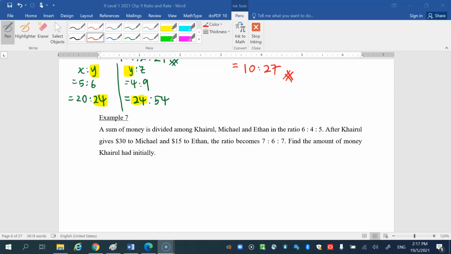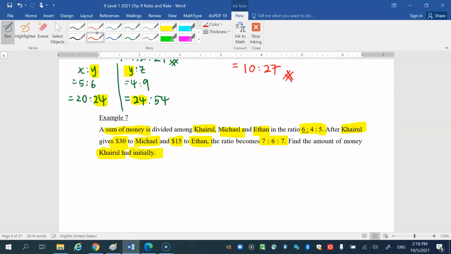Let's read the question together. It says, a sum of money is divided among Khairul, Michael, and Ethan in the ratio 6 is to 4 is to 5. After Khairul gives $30 to Michael and $15 to Ethan, the ratio becomes 7 is to 6 is to 7. Find the amount of money Khairul had initially. That means at the start, before he started giving out his money.